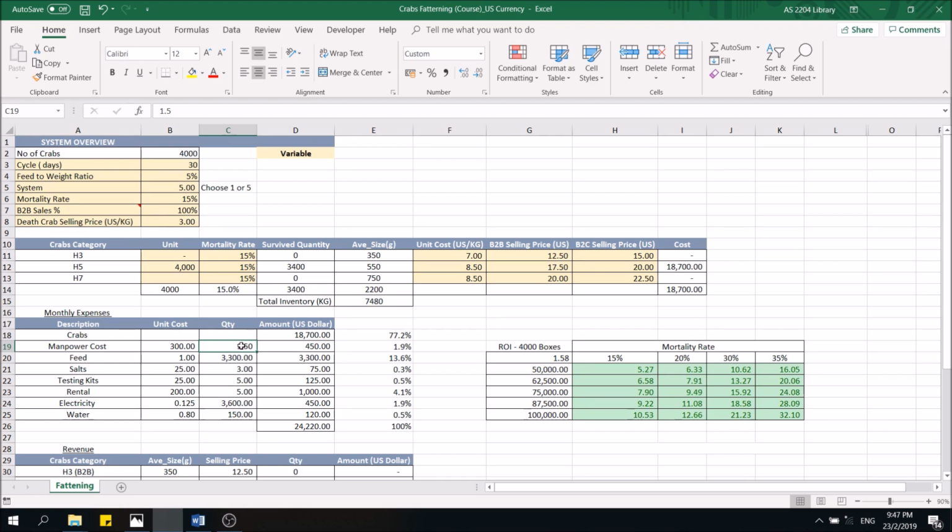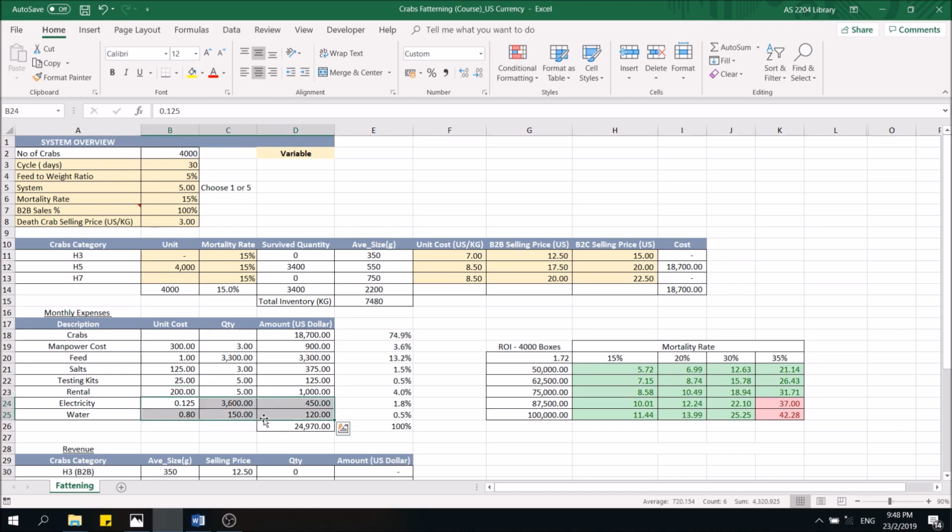Usually you need around three people rotating to take care of 5 systems. So let's key in 3, and the feed is automatically calculated. And we have salt, so now we have to times 5, and testing kits you already times 5, and rental we have times 5.